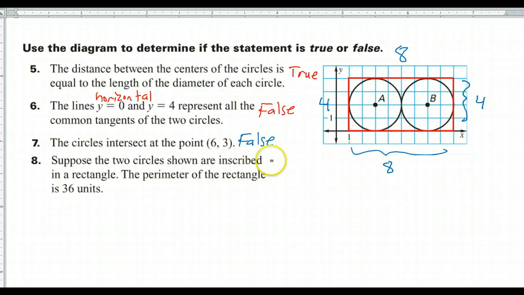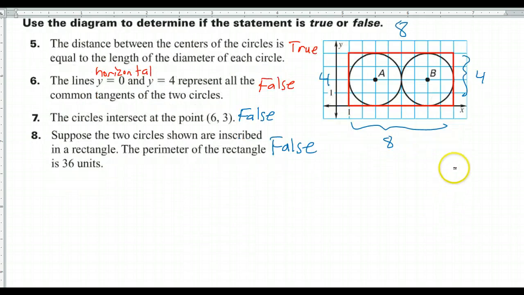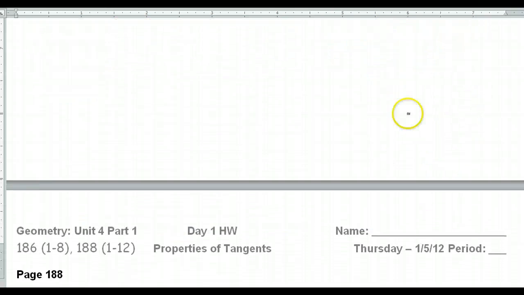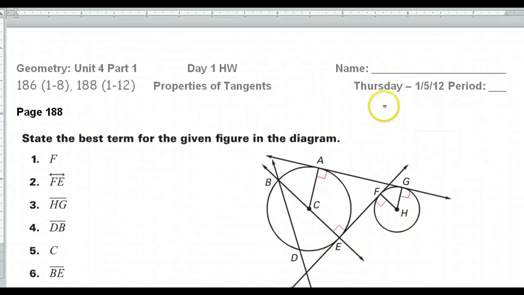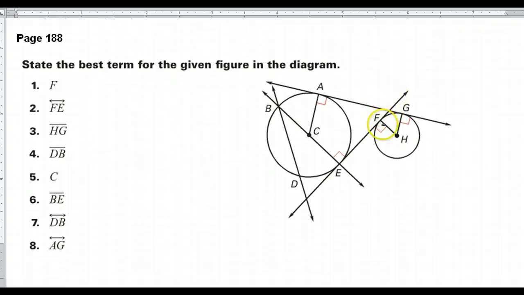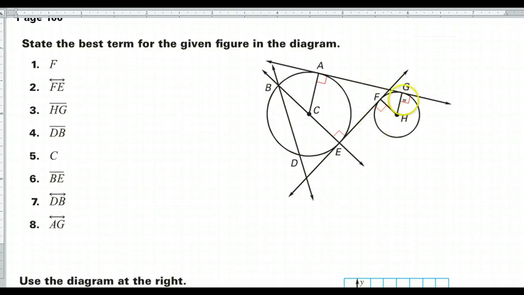So that is false because the perimeter is 24. Okay, so that is how you could do that. So that was page 186 in somebody's textbook somewhere in the United States.